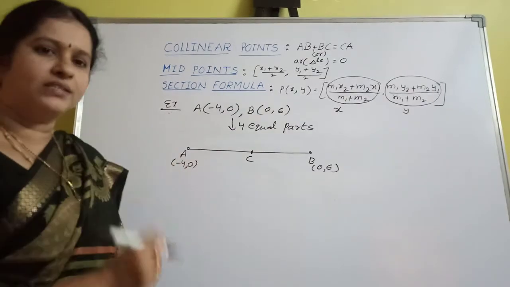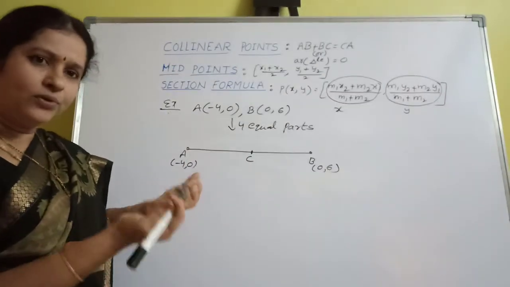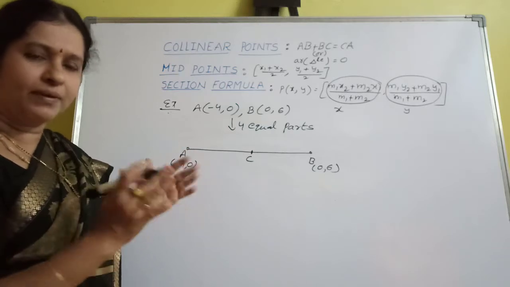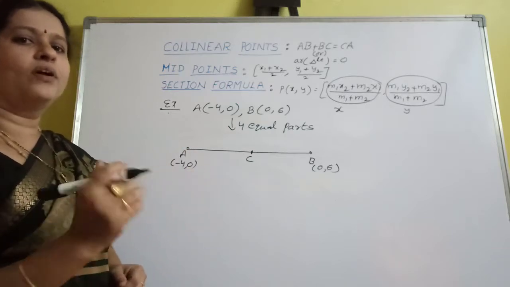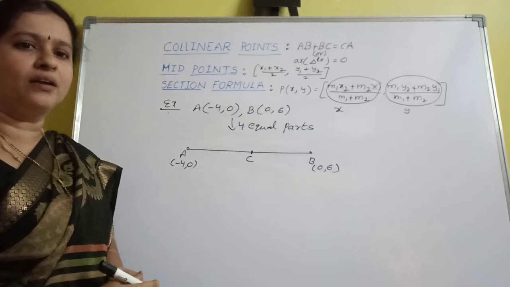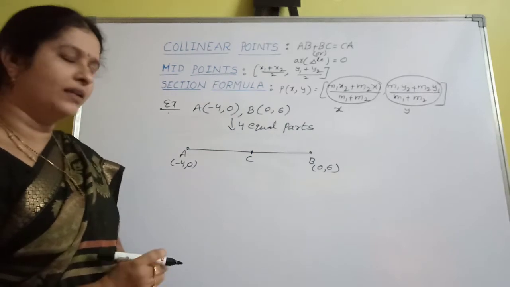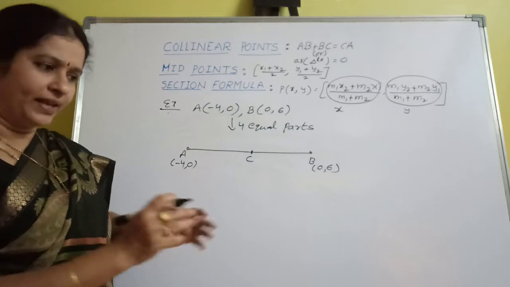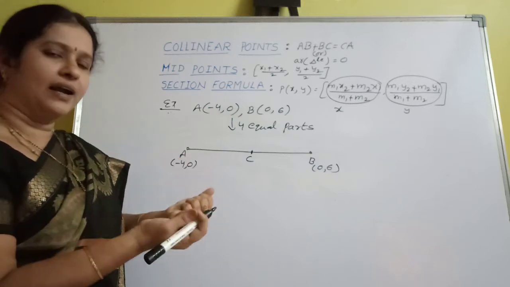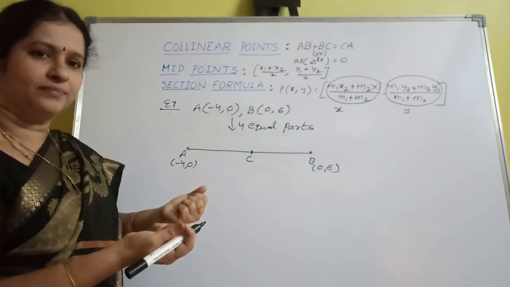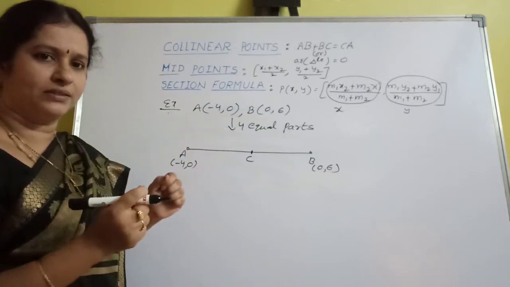Suppose I give you a stick. How can you separate the stick into 4 equal parts? You take the stick and cut it into 2 parts. These 2 are equal parts.